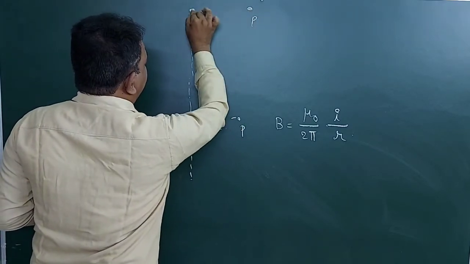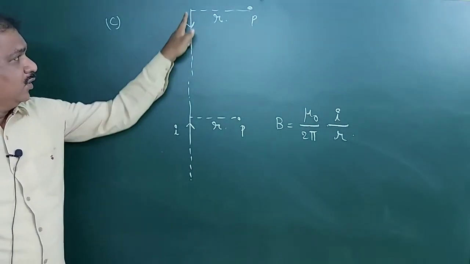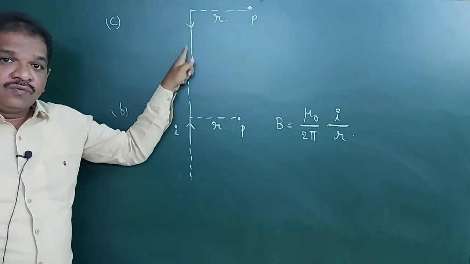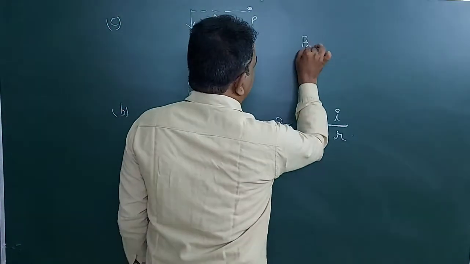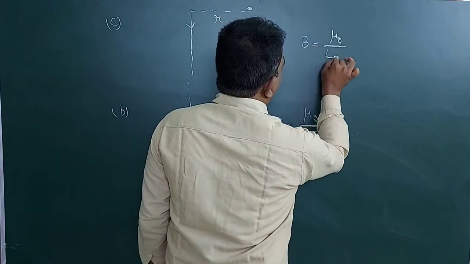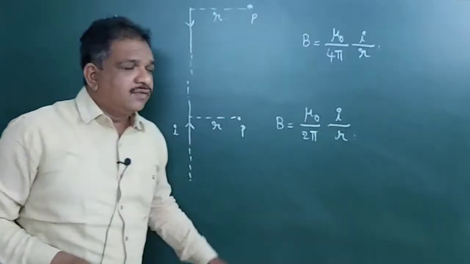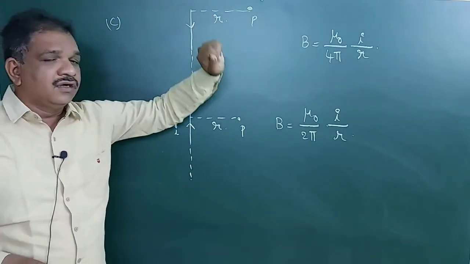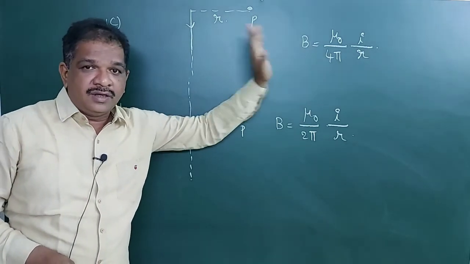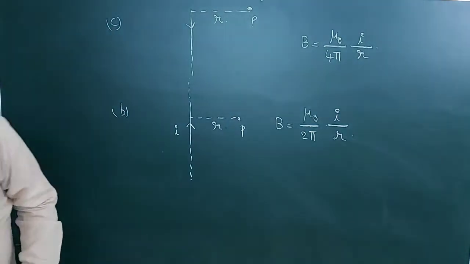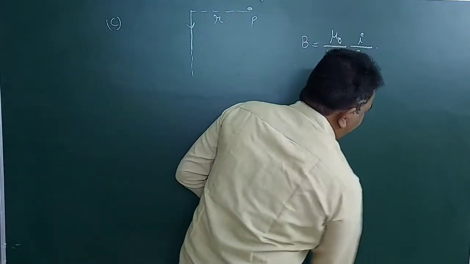Here a particular point is there at a perpendicular distance R. At one end of an infinitely long wire, the magnetic induction will be mu naught by 4 pi I by R. Let us now assume it is a finite wire.